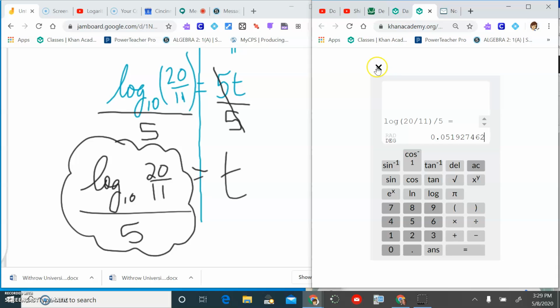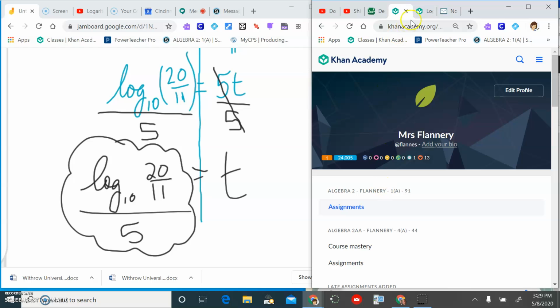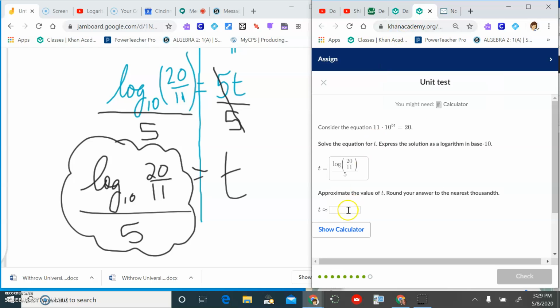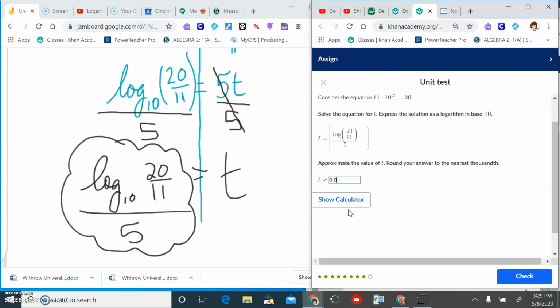I kind of like Desmos better though. But it said 3 places. So 0.051, and that 9 is going to make it bump up to 0.052.